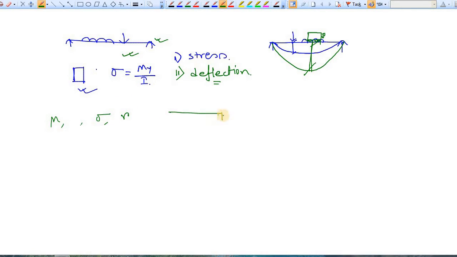That means if the beam deflects with some curvature with radius R, and the cross-sectional property and the material property or the Young modulus, you have already learned the interrelation.